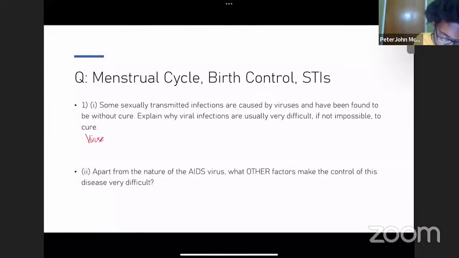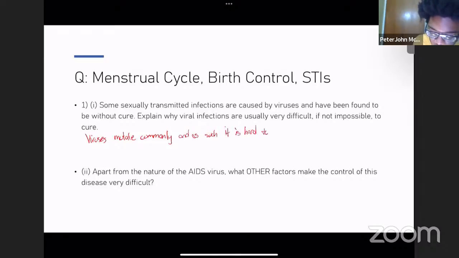Viruses mutate commonly. Same thing with COVID-19 and why it was so hard to come up with a definitive cure for it. You can't really cure viruses, and as such, it's hard to derive a definitive cure.